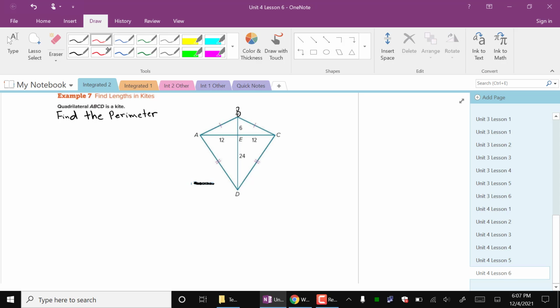Well, because the diagonals are perpendicular, we end up getting 4 right angles. So this becomes a right angle, this becomes a right angle, this becomes a right angle, and this becomes a right angle. Okay, great, Mr. Miller, those become right angles. How's that going to help us? Well, I have this, and I have this.